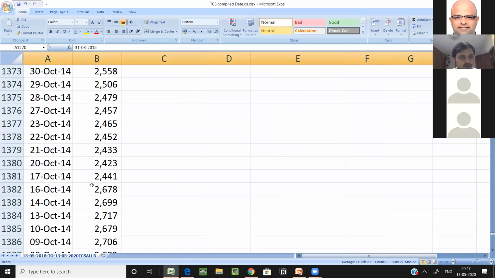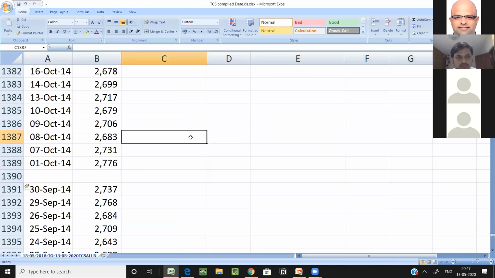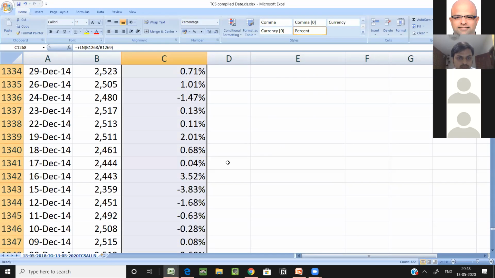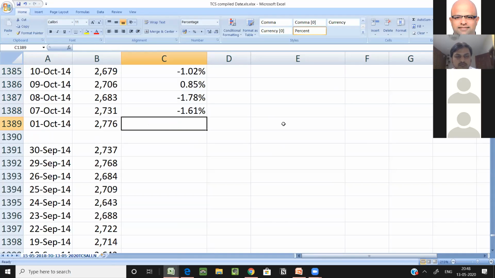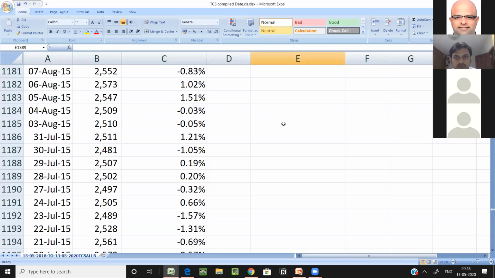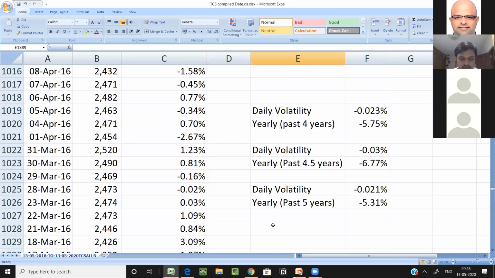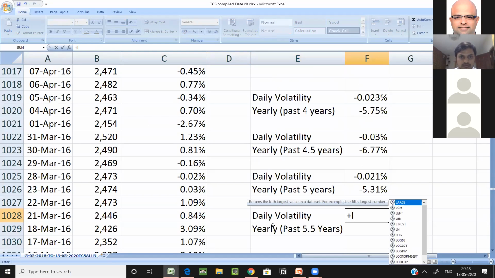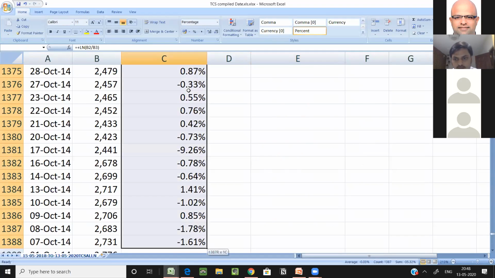5.5 years would be 1st October 2014. We have 1,387 trading sessions here.